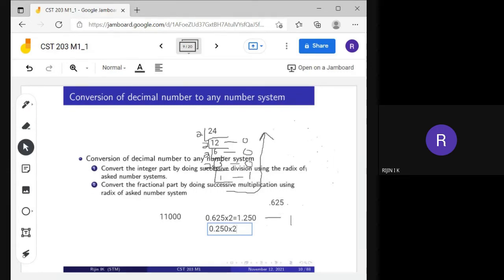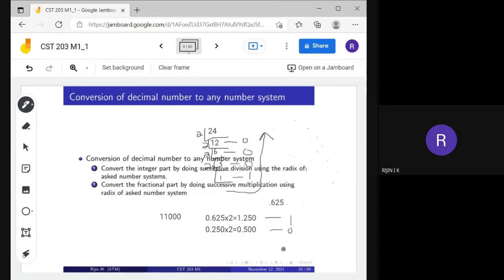Again multiply it by 2. 0.250 into 2, what will be the result? It is 0.500. From this, you need to collect the integer part. Here the integer part is 0. So write that 0.